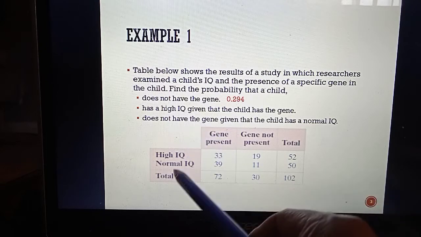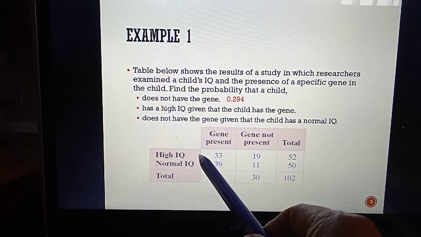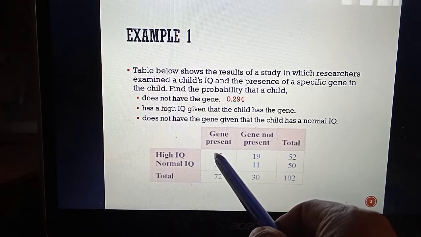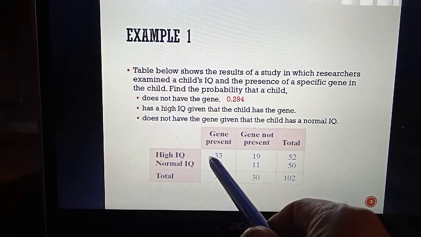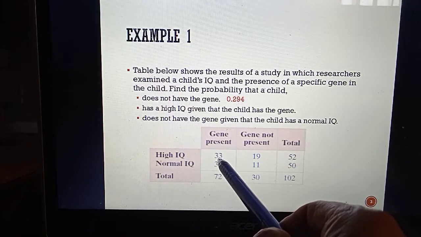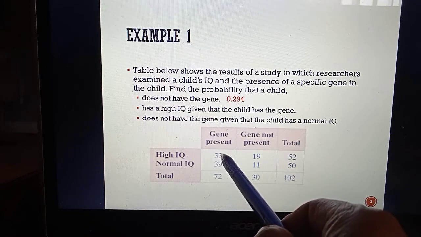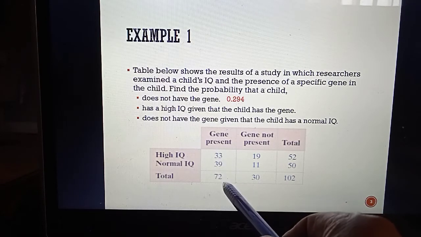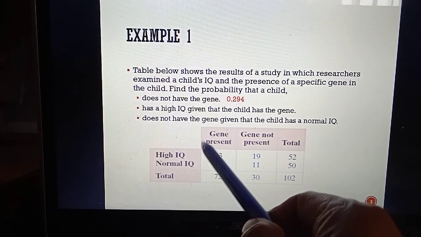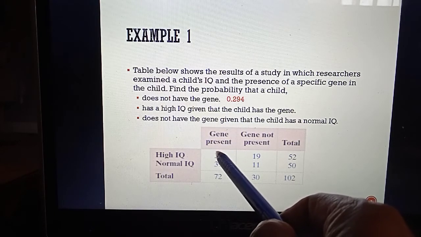The given criterion is that the child has the gene, meaning gene present. Gene present and high IQ is 33. So it is 33 over the total of high IQ and normal IQ for gene present, which is 72.